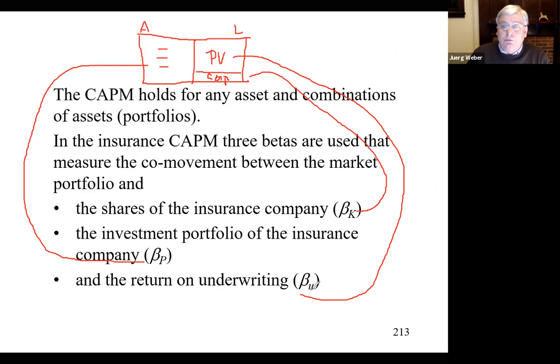That's beta U. So those are the three betas that we use in this lecture and in the insurance capital asset pricing model. Okay, I hope this figure is somewhat helpful.